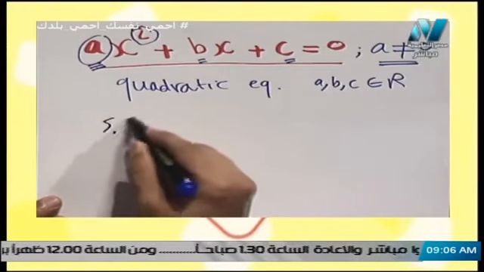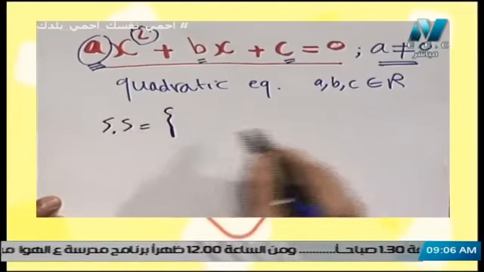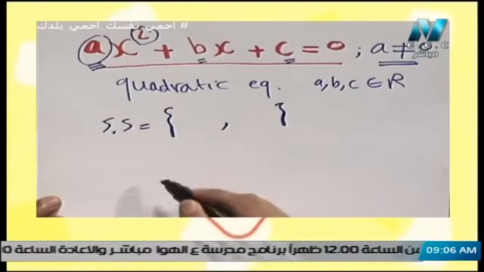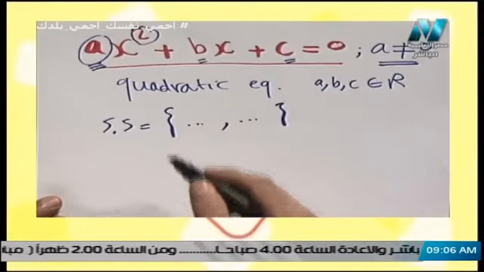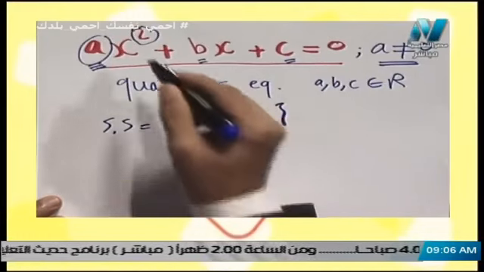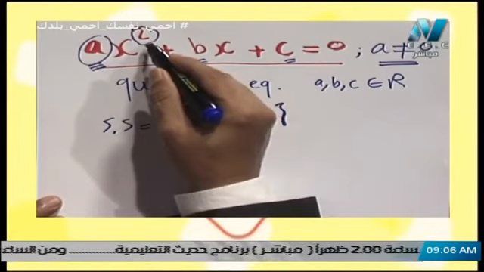Okay, what is the solution of this equation? The solution set of the equation we put here. We have two solutions, first solution and second solution. Why only two solutions? Because it's of second degree.